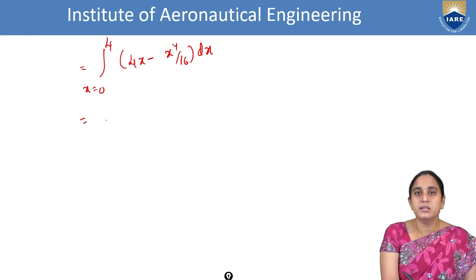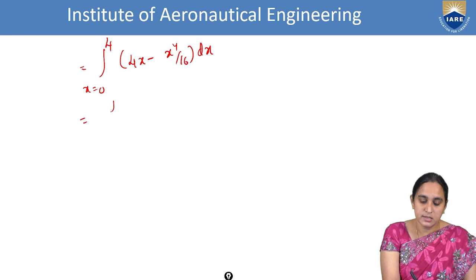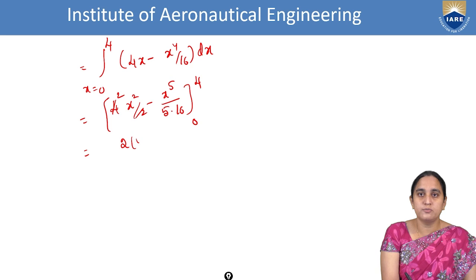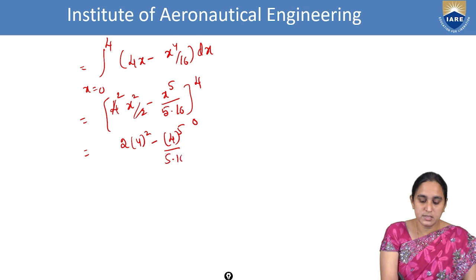From that, integrate with respect to x: 4 into x square by 2 minus x power 5 by 5 into 16, and the x limit points are 0 to 4. Here the 2 cancels, that is 2 into 4 square minus 4 power 5 by 5 into 16.